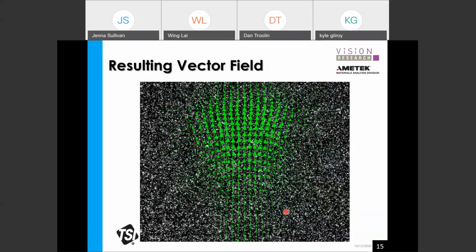So this is a picture of the vectors based on the cross correlation technique we just looked at. By looking at the movement of the particles, we know that the flow is moving from the bottom to the top. This is actually a jet flow coming from the bottom to the top, and the cross correlation technique can really resolve very small, tiny motions, as you can see over here.